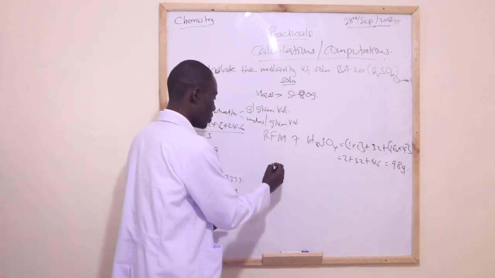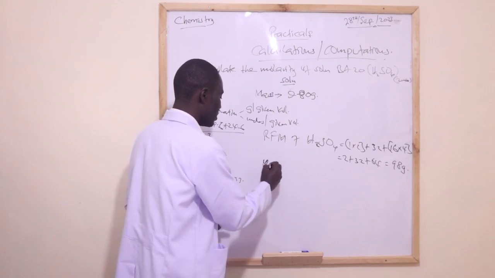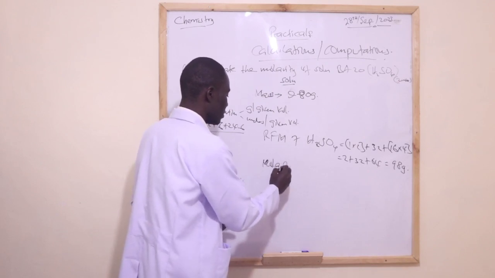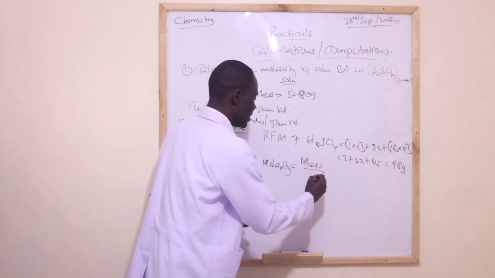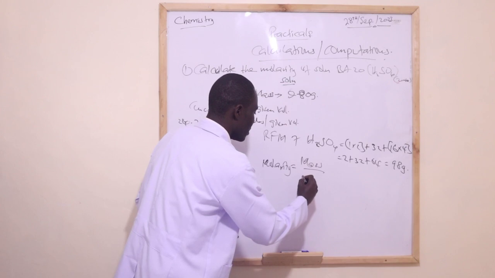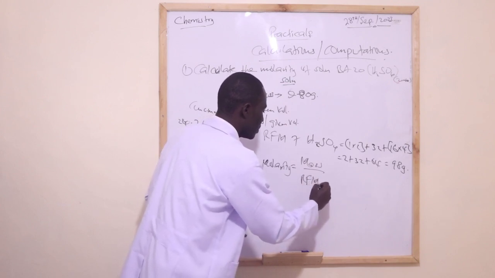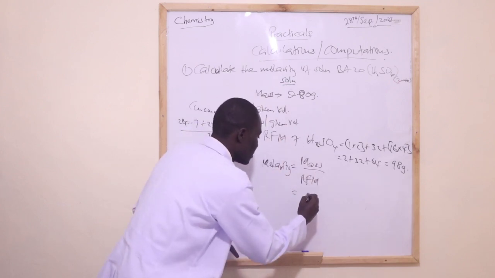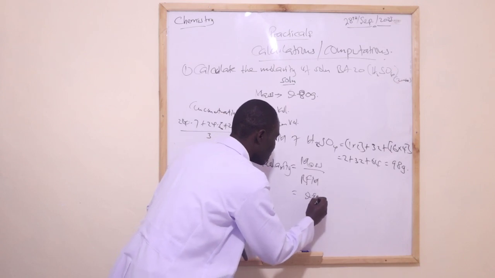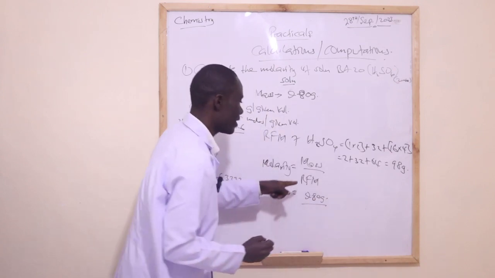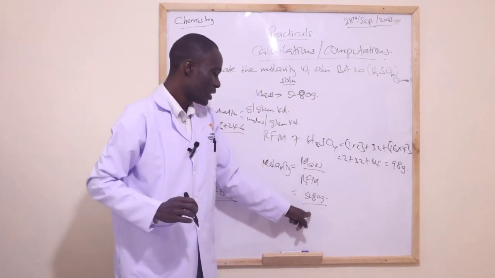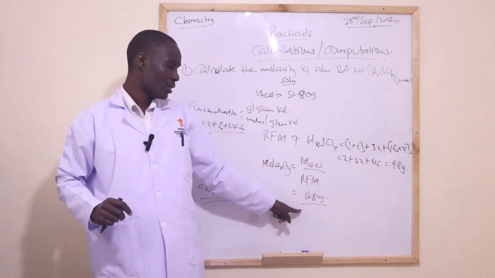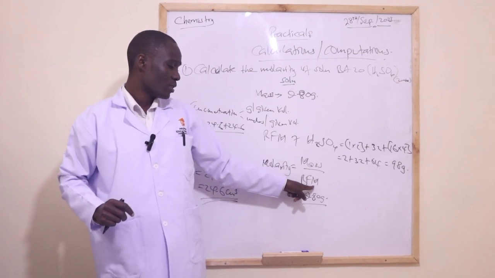So in this case, molarity is equal to mass divided by RFM. The mass there is given to be 9.80 grams, divided by the RFM. Normally we get what we call the molar mass.